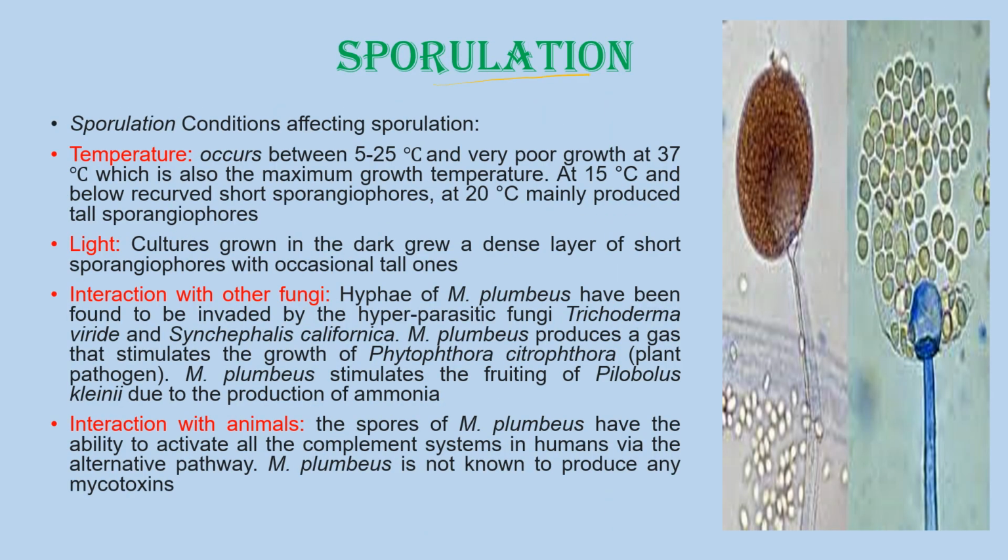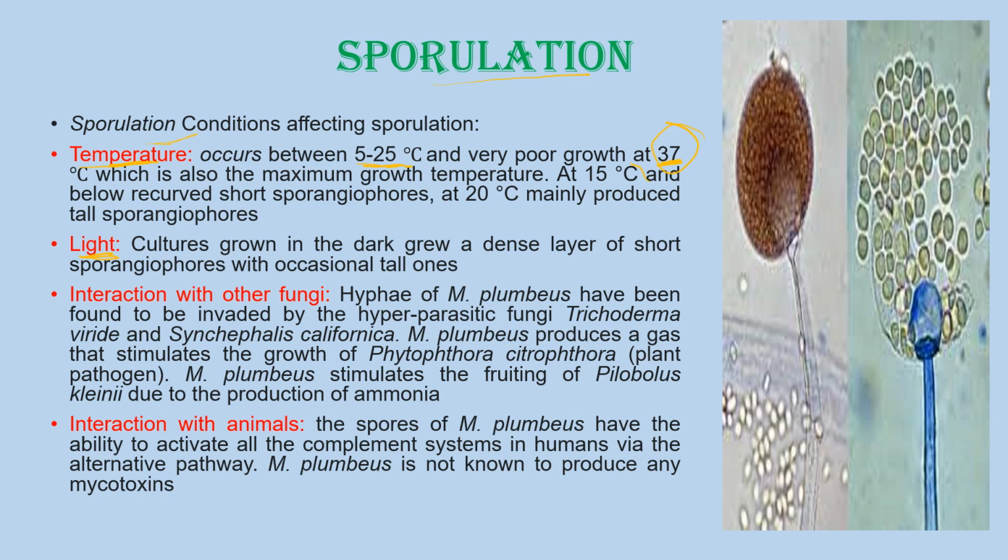Then there are certain conditions that affect sporulation. In the first slide, I talked about the presence of certain fungicides, fungistatic substances, or toxins from other types of fungi that inhibit the development of spores. But it is also affected by conditions like temperature and light. Mucor usually grows from 5 to 25 degrees C, but it can also grow up to 37 degrees C. But at 37 degrees C, we do not see much sporulation.